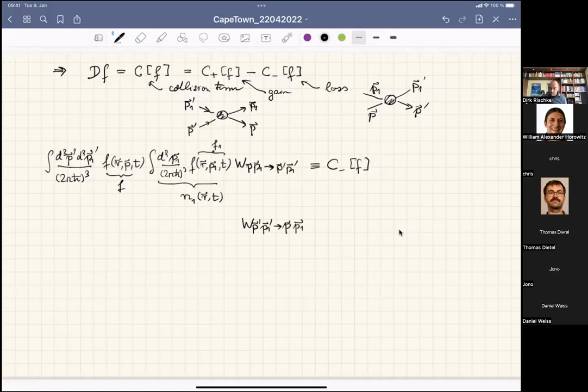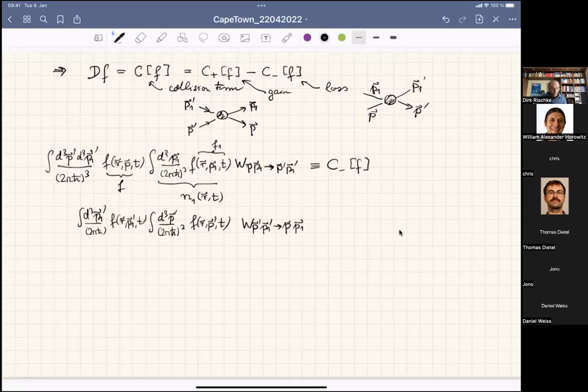And then it's proportional to the density of P prime and P1 prime particles: d3P prime, f of r, P prime, and t, and the density of P1 prime particles, f of r, P1 prime, t.